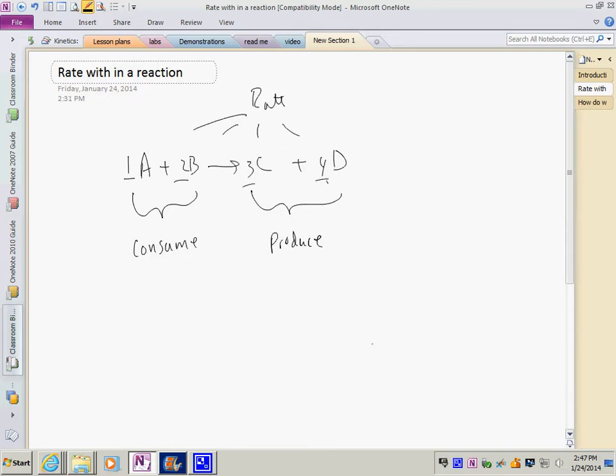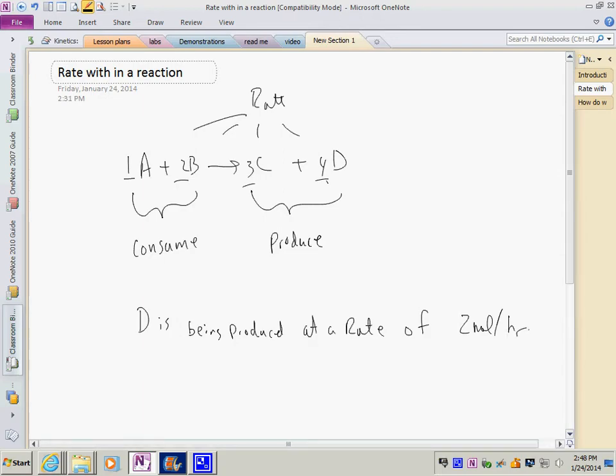So for example, if they say that D is being produced at a rate of 2 moles per hour. Simple.